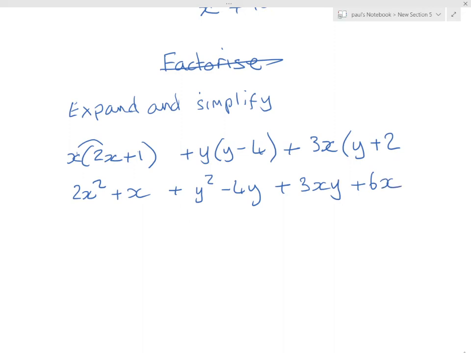Can we collect like terms anywhere along there? Yes, we've got some x's there and some x's there. So I'll rewrite this. There's nothing else the same. So this becomes 7x now, plus y squared minus 4y plus 3xy.